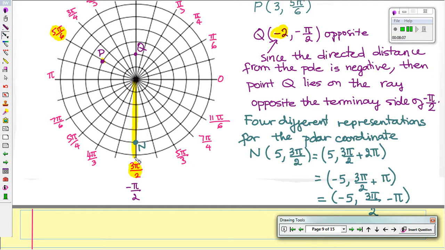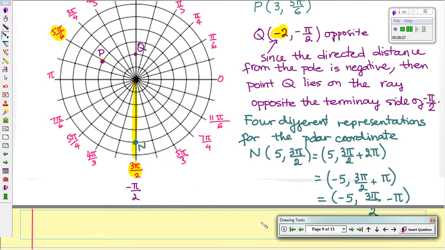Think about it: you take 3 pi over 2 minus pi, so that will give you pi over 2. So you end up here at pi over 2. But since your directed distance is negative 5, the point has to lie on the ray opposite your terminal side, so still the same point. So now you can see that there are 4 different representations for the same point.